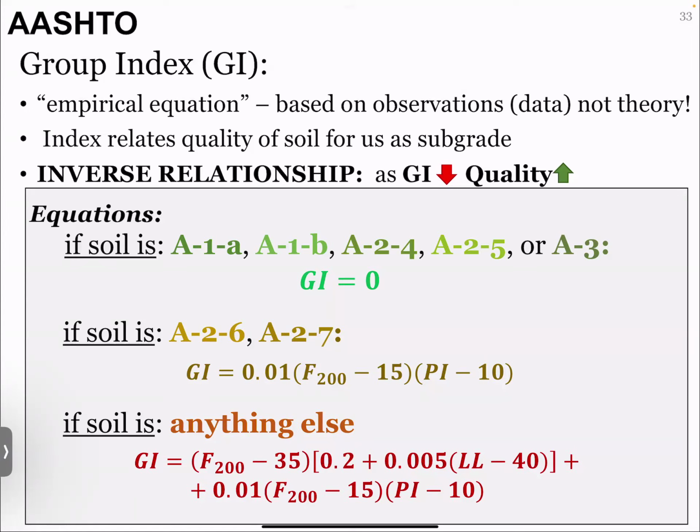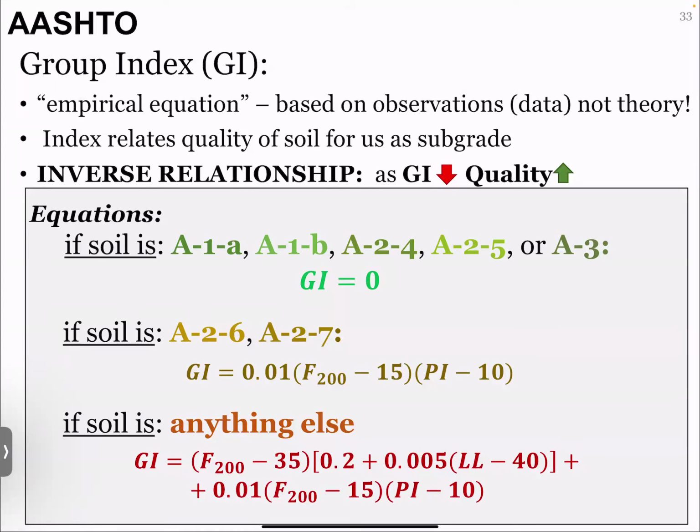So if we have an A2-6 or A2-7, we use this empirical equation. And this F is the percent passing the 200 sieve. PI is plastic index. And then for anything else that is not on here, we use this larger, gnarly looking group index equation.